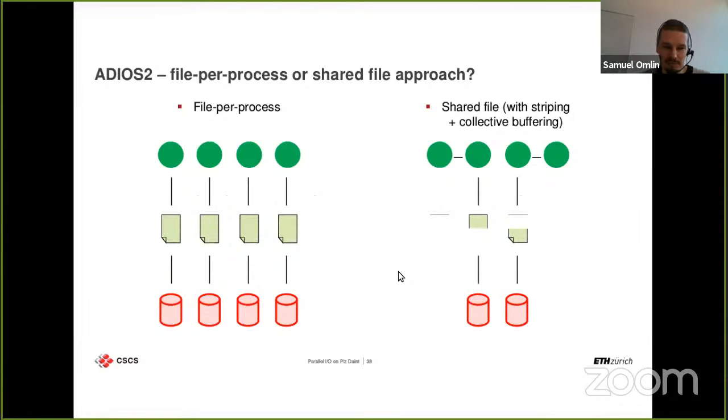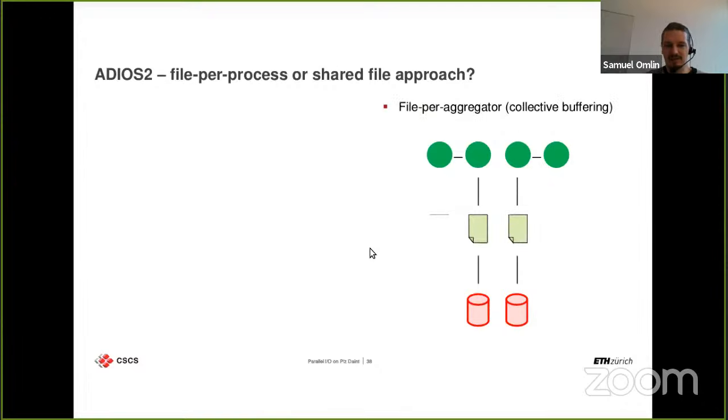All right. So what kind of approach is this ADIOS 2 now here? We saw before file per process, or a shared file, and it is neither of them. It is a bit of an unconventional approach, and it is rather what I would call a file per aggregator approach.